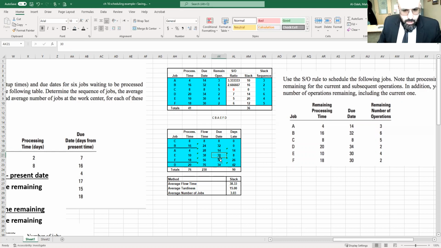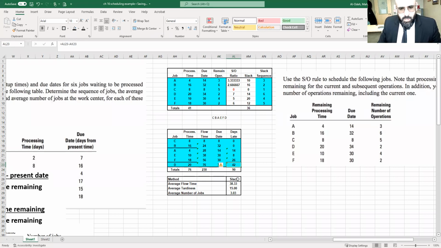And now here, the due date is 30, and now we are at 38, so we are 8 days delayed. And now moving to the next one, the due date for F is 30, we are at 56, there's 26 days of delay. And for D, the due date is 34, and we are at 76.